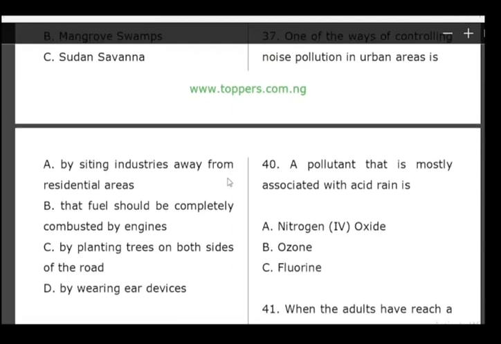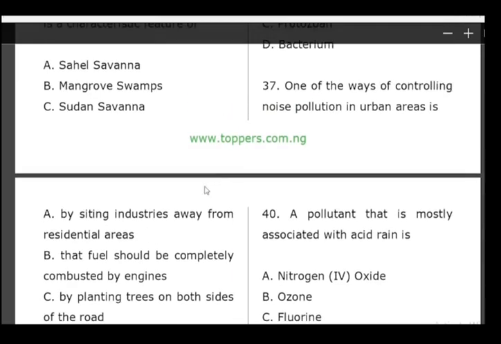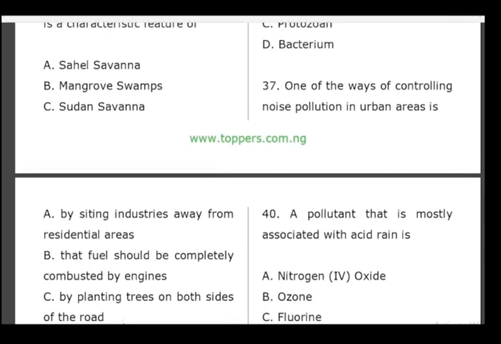There are so many things that can be done to control noise pollution, and one of them is by siting industries away from residential areas. Urban areas are places where you will definitely have industries sited. So possibly industries can be taken away far into rural areas or away from the city.